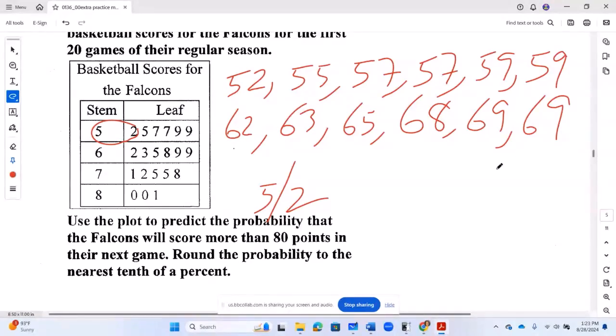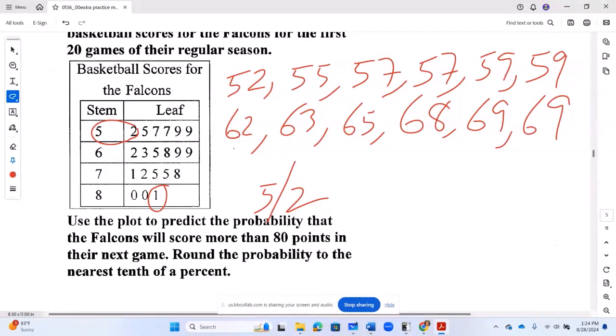Let me see what the question is here. Use the plot to predict the probability that the Falcon will score more than 80. If they are scoring more than 80, it cannot be 80, so it has to be 81, because more than 80 means greater than only.